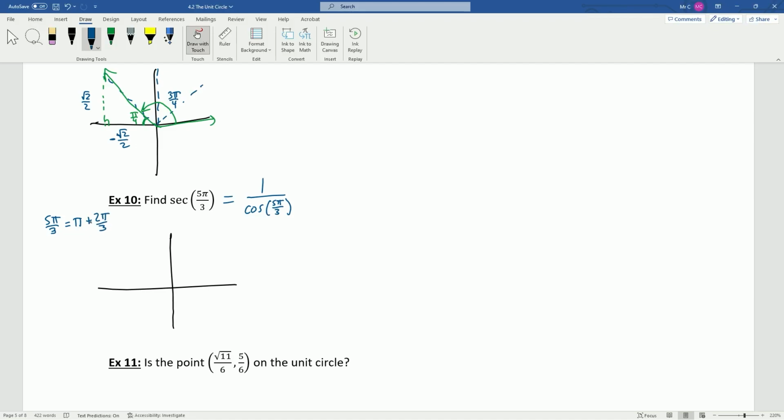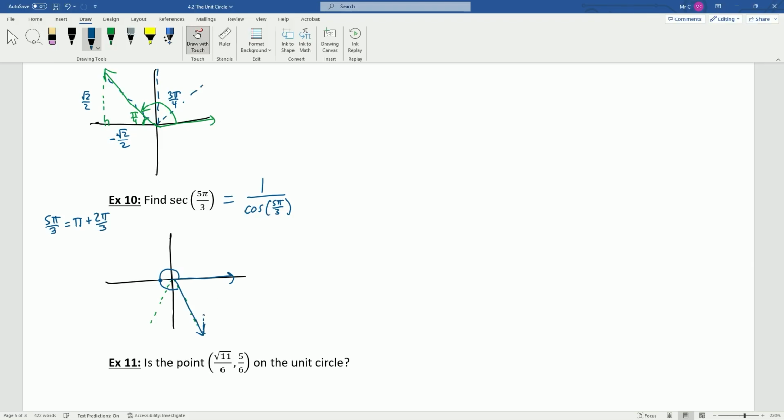Right? 3 pi over 3 plus 2 pi over 3, and 3 pi over 3 is just pi. So I start with my initial side. I draw my 1 pi, and I mark it. And now I divide my next pi into 3 pieces. And I count out 2/3, 2 of those 3 pieces. 1, 2. That makes this my terminal side.